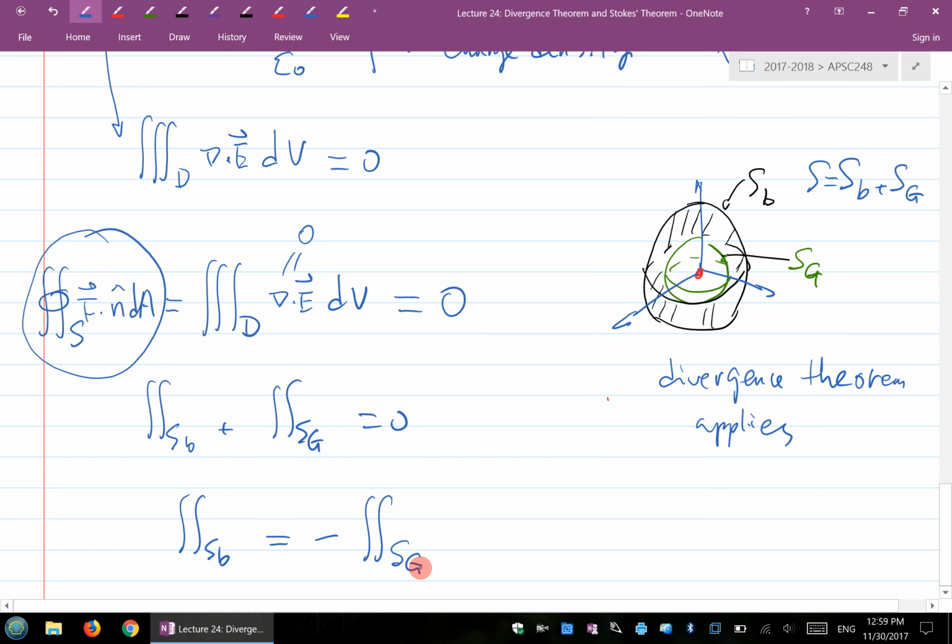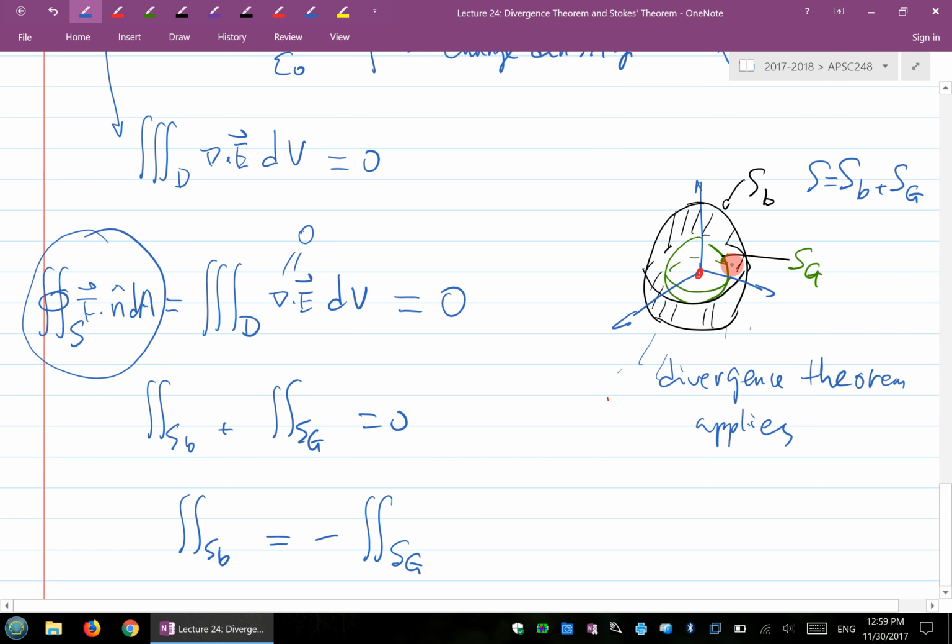I'm not sure if you recall, maybe one of the students asked about the cancellation when we were learning surface integrals. I think this is probably the cancellation situation you had in mind. So the flux through SB is the same as the opposite of the flux through SG.